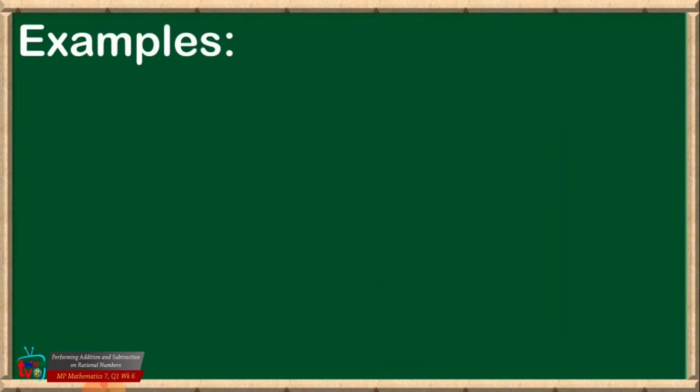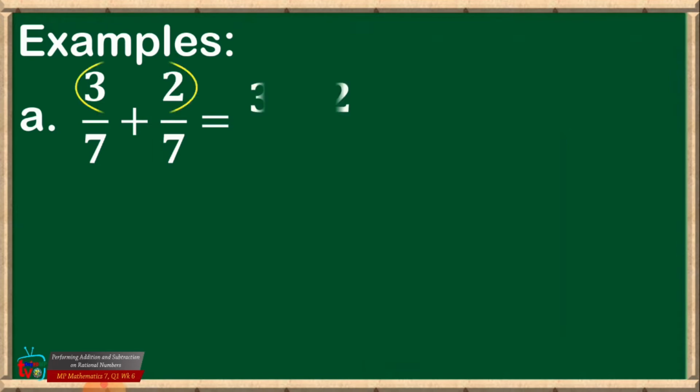Examples: letter A, 3 over 7 plus 2 over 7. It says in the rules that we will add the numerators, carry the common denominator, and carry also the common sign.